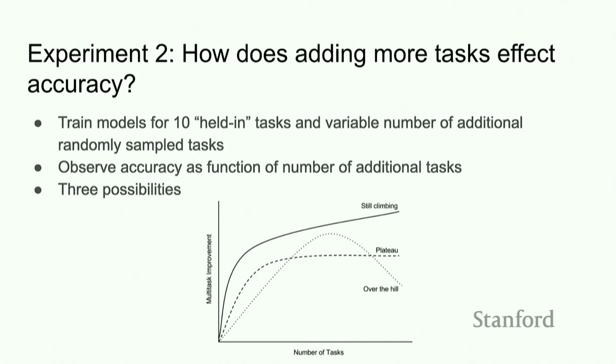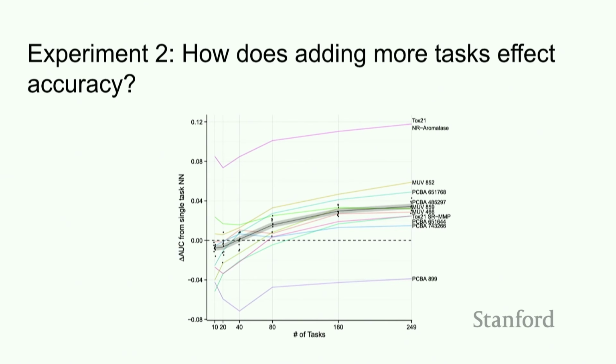As you add more tasks, either you continually increase your accuracy, you plateau and don't really get any gains, or you go up for a while and then back down, and some number of tasks begins to hurt you.